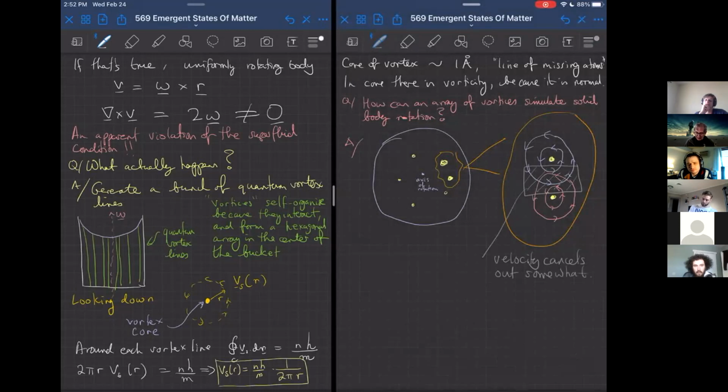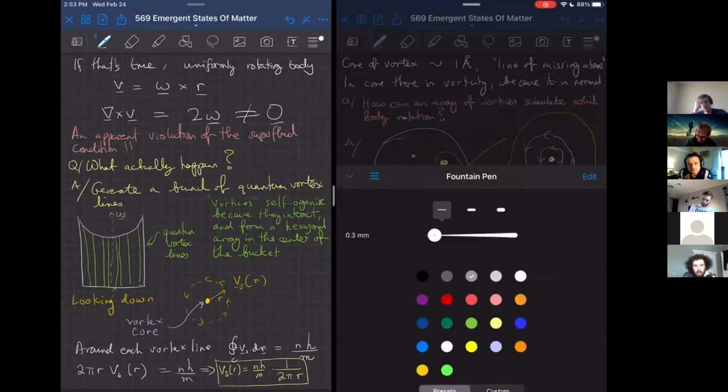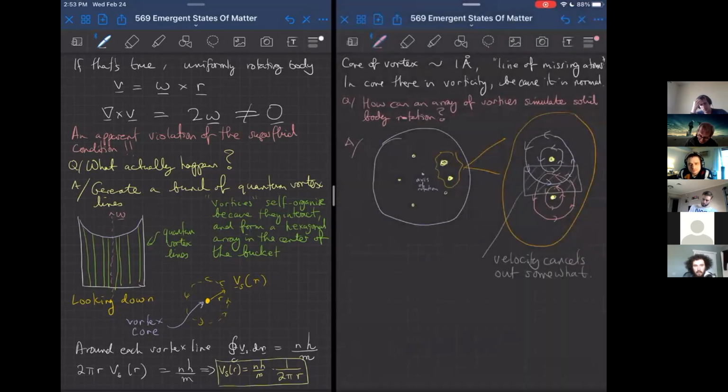And so if I draw the velocity as I go round here, I'm going to see, as I go round the outside, something looking with big arrows like so, and as I go further in, these arrows get smaller and smaller. That's the basic idea for how this thing can simulate solid body rotation.